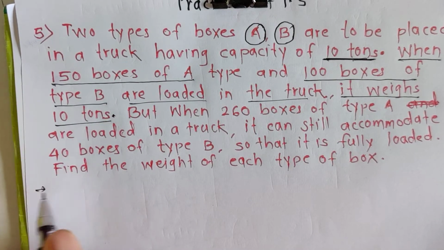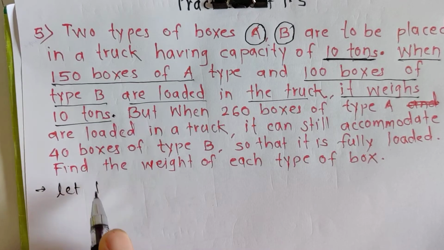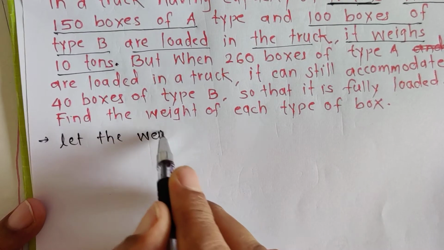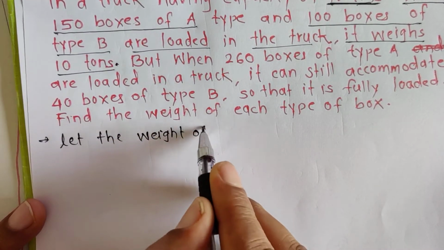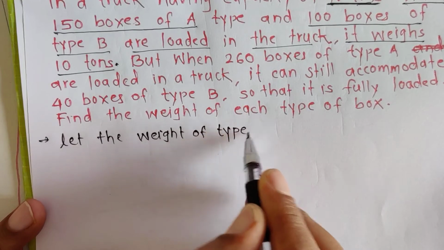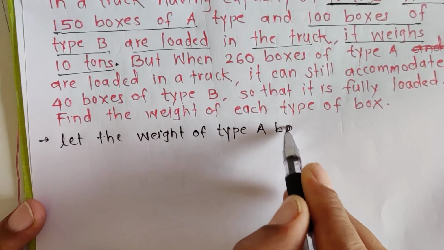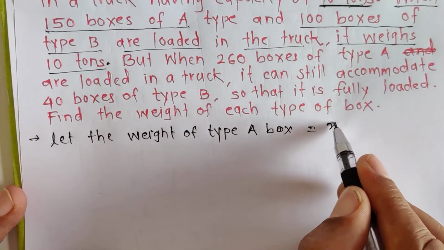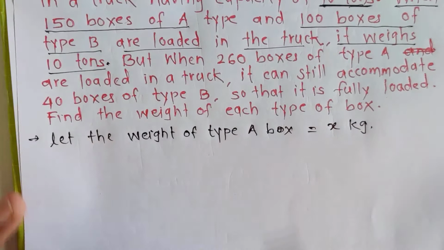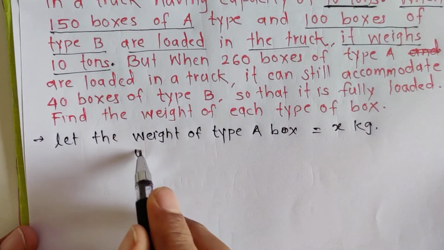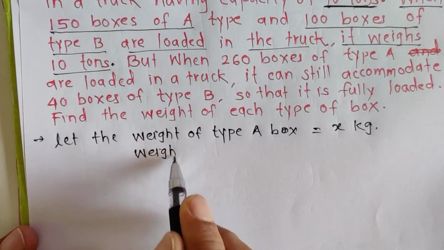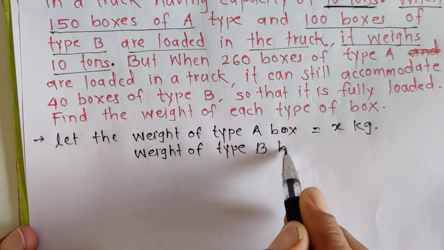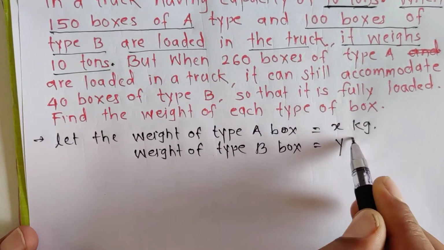So first, let the weight of type A box be x kg, and the weight of type B box be y kg.